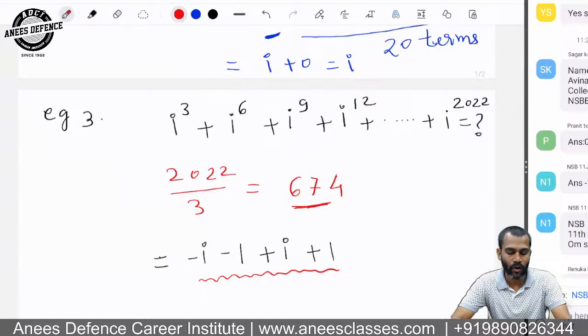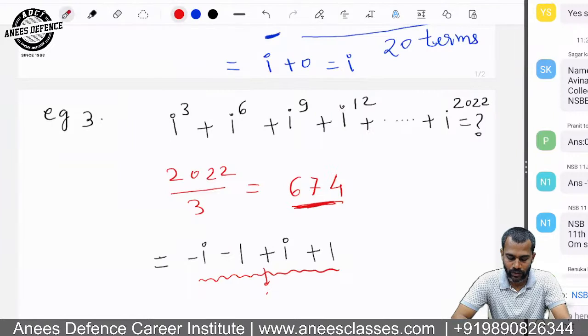So what do we have to do? How many terms are there? 674. We have to divide this 674 by 4, but we don't have to divide 674 completely. We just have to divide the last 2 digits, 74, because of the divisibility test of 4: the last 2 digits must be divisible by 4.